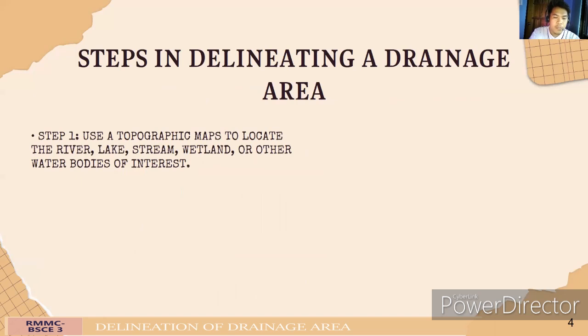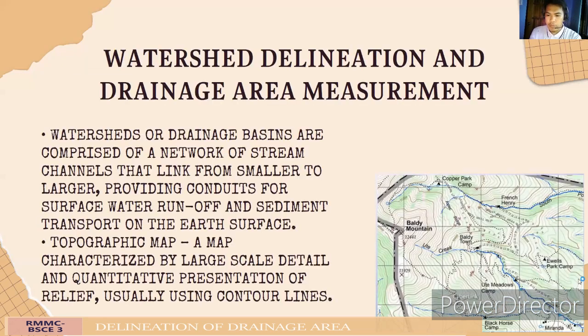So step 1, use a topographic map to locate the river, lake, stream, wetland or other water bodies. So on this topographic map you can locate the lakes, water bodies, rivers, or any kinds of water bodies.